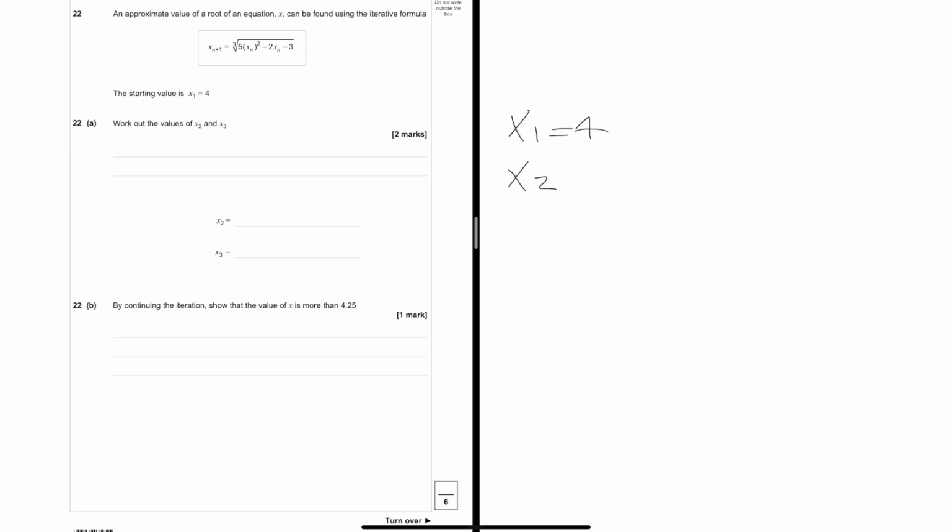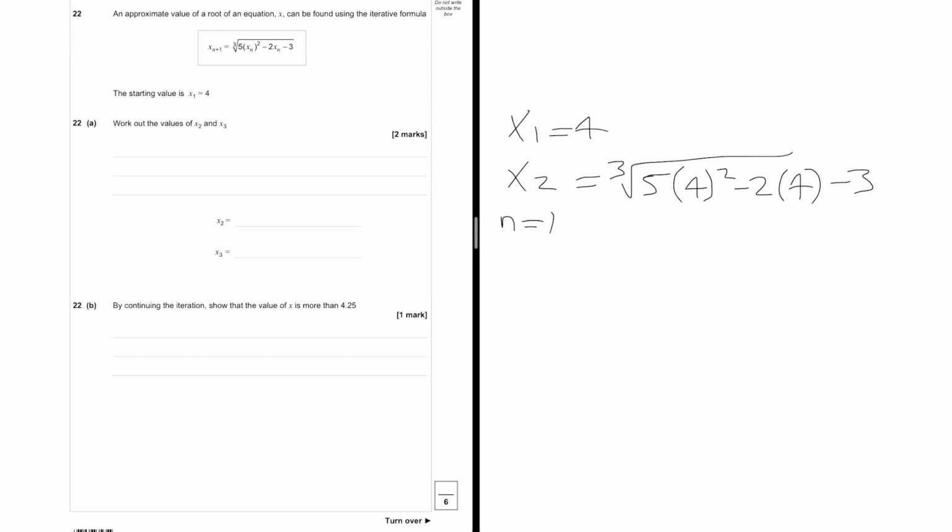So x2 means that n equals 1, because it's xn plus 1. So for x2, every time we see x of n, it's going to be x of 1. So we have the cube root of 5 times x of n, which is 4, squared, minus 2 times x of n, which again is 4, minus 3.